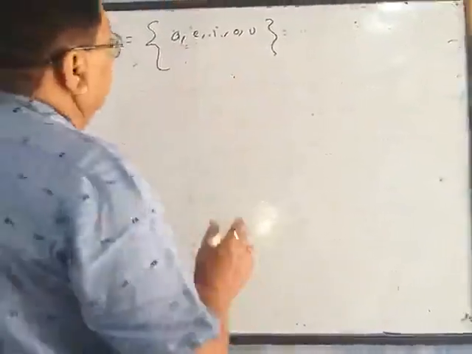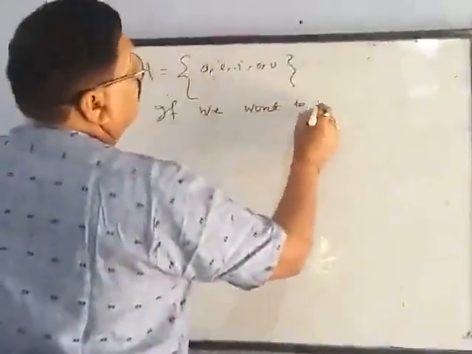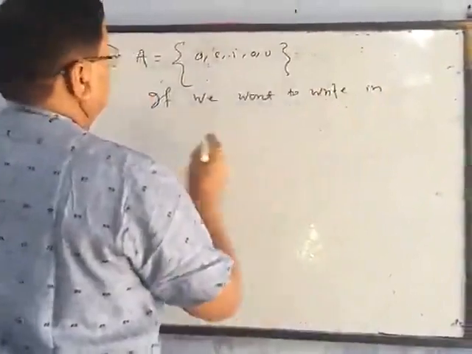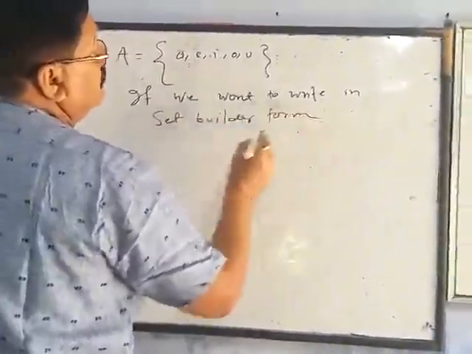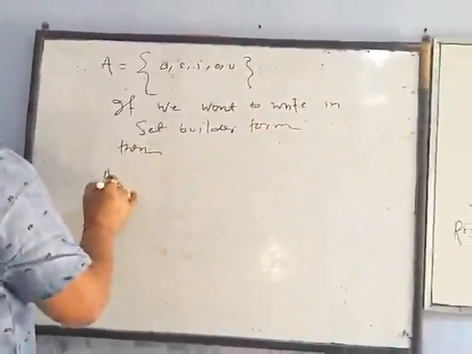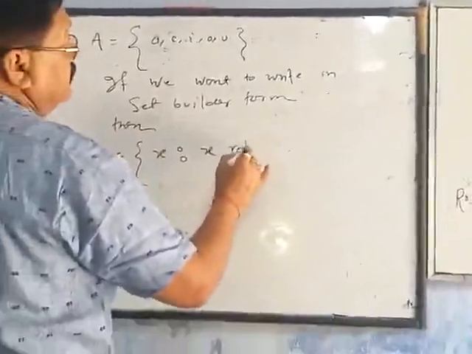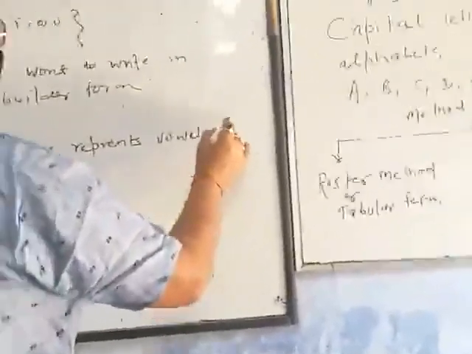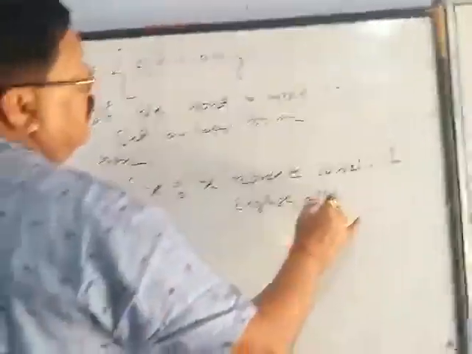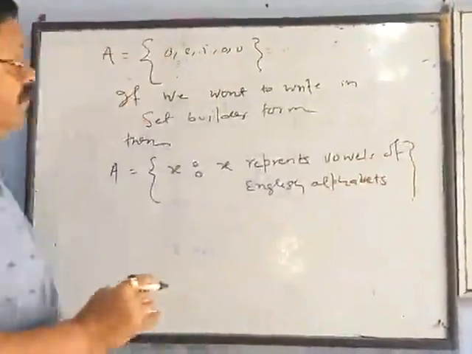If we want to write this set in set builder form, then A is written as X such that X represents vowels of the English alphabet.